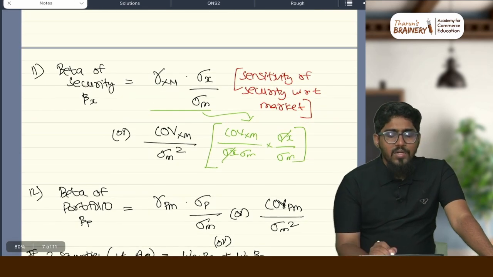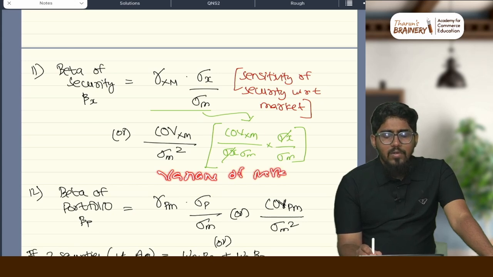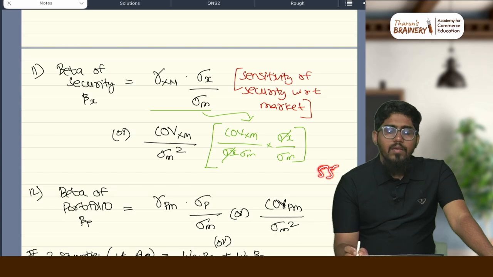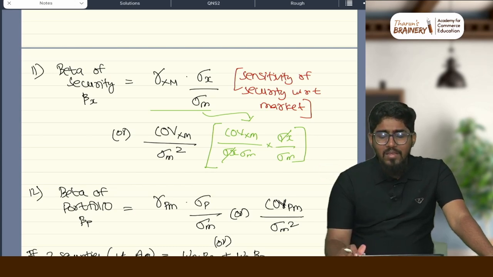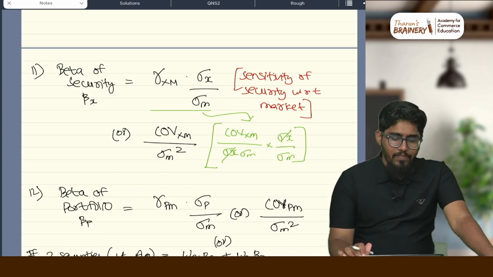Clarity. If the question tells the variance of the market is equal to 55, and beta is this, calculate the covariance or calculate the correlation coefficient. So you can find these out.